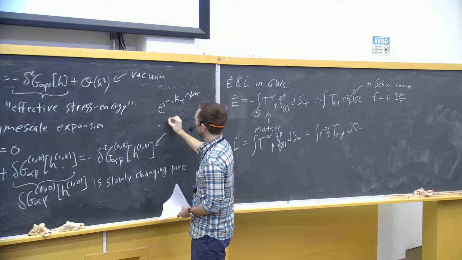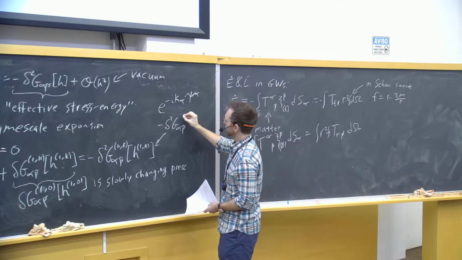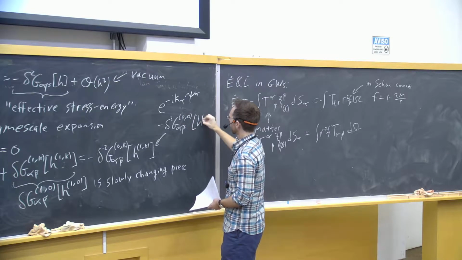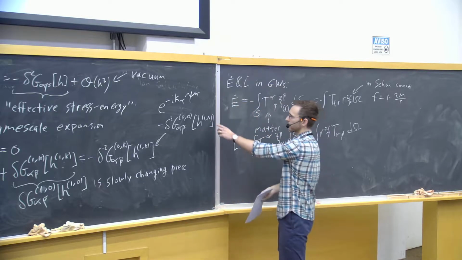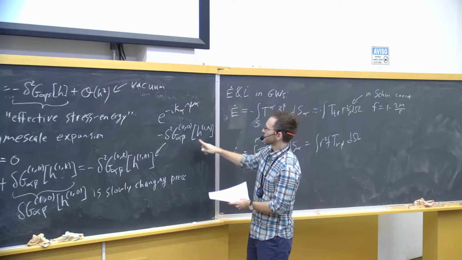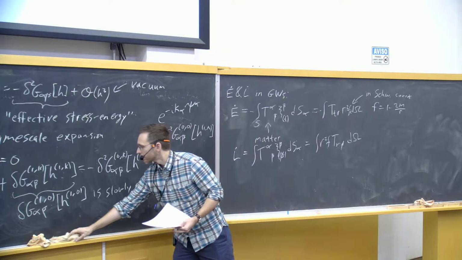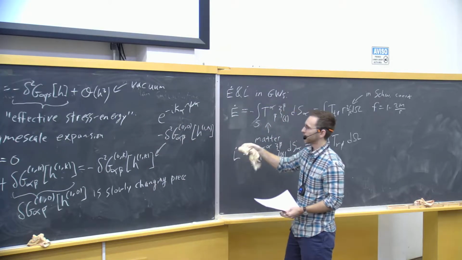So minus delta squared G alpha beta 0, 0. But that doesn't mean I put a 0 in here, because this is quadratic in h1. So I'll have combinations of these where the phases cancel each other.